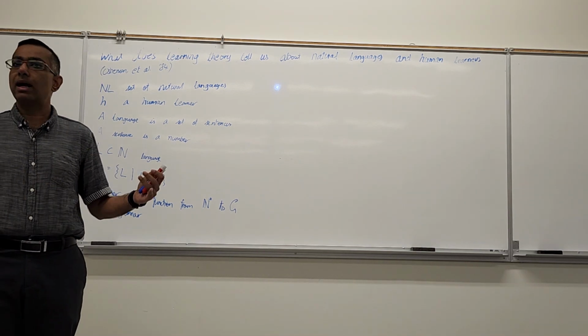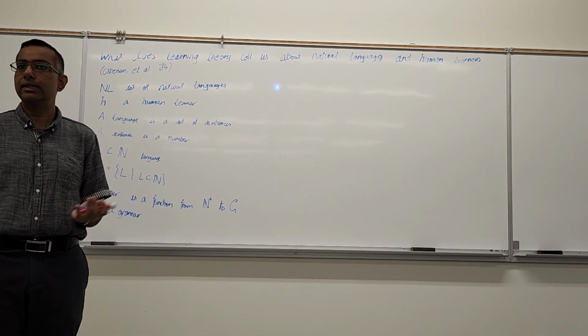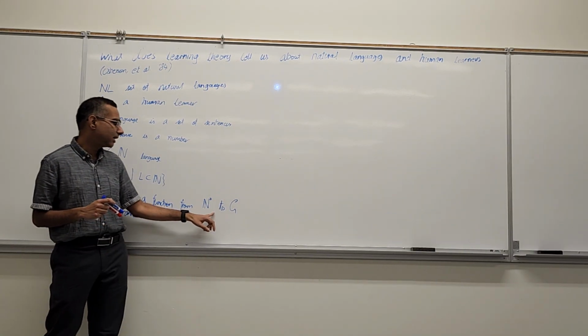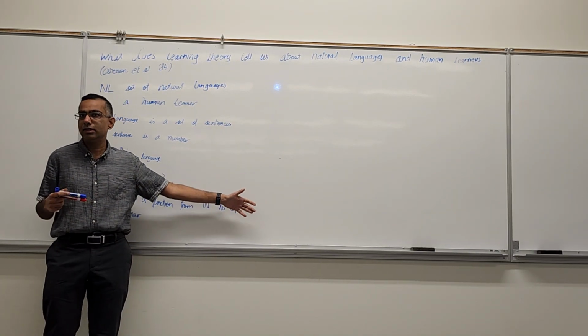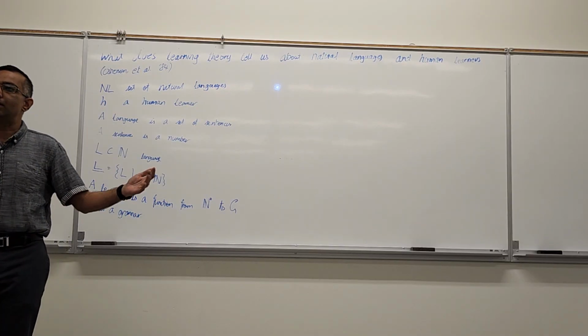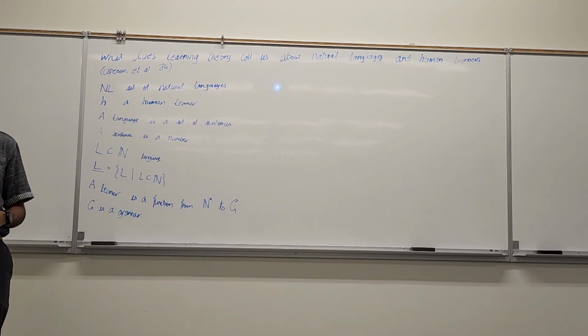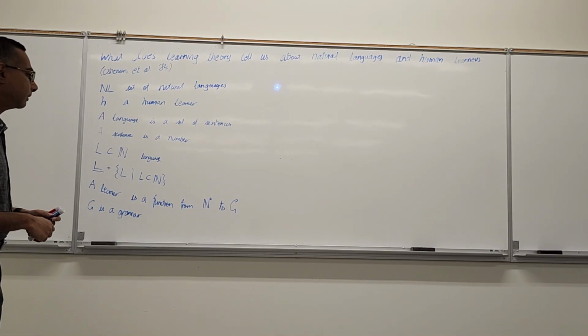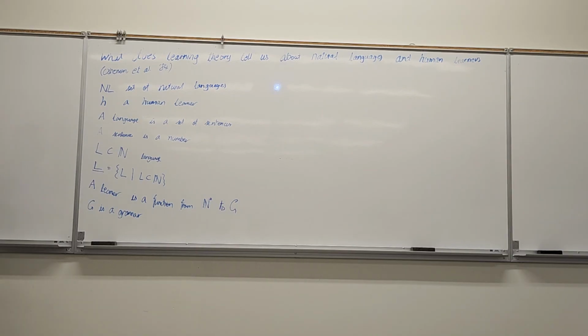There might be multiple grammars for a given language. That's totally fine, right? So that's why we're talking about a function not from N star to a language, but to a grammar, because there could be multiple grammars that define the same language. And as far as the learner is concerned, there might be different grammars that in the end define the same language, but it's going to be useful to talk about these as different grammars, right?